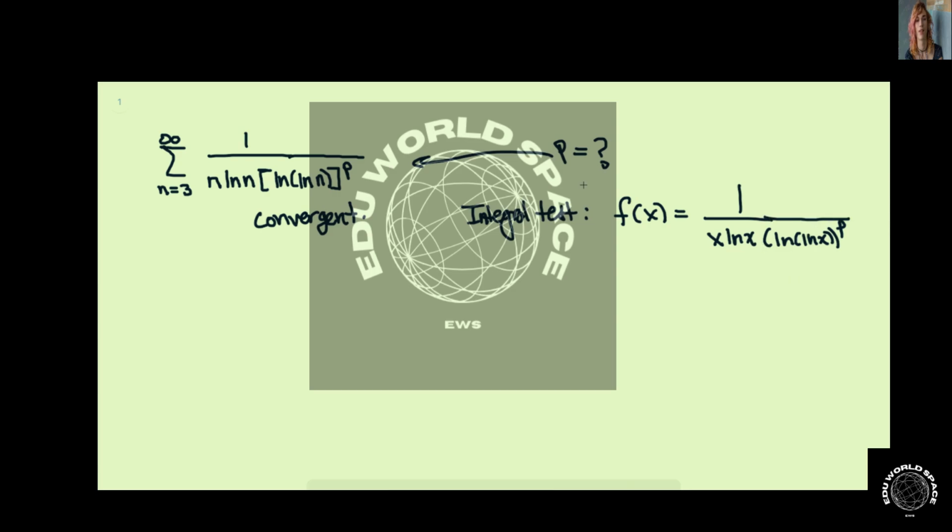So here, if you take any x larger than or equal to 3, then this will imply that x, ln x, and then ln ln x also are all positive. And you can check, go to the calculator and see that's the smallest value of ln ln, because once x increases, this also increases.